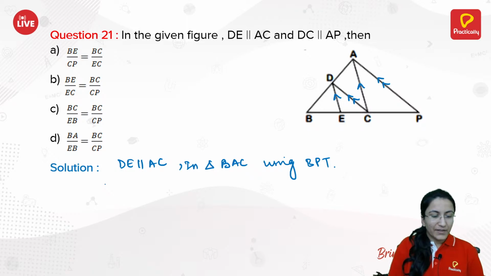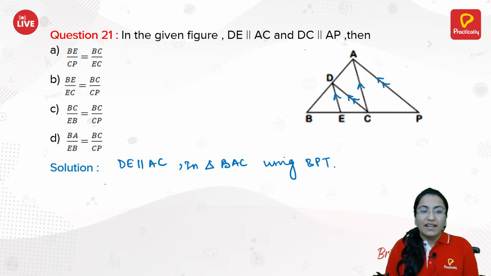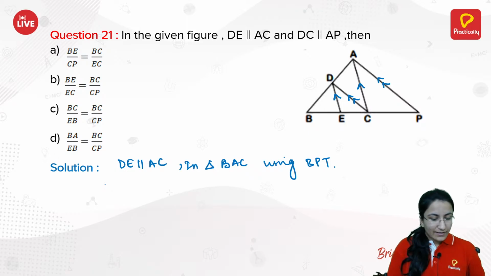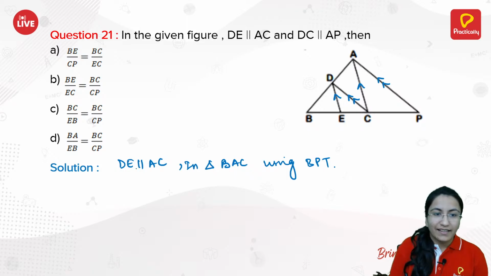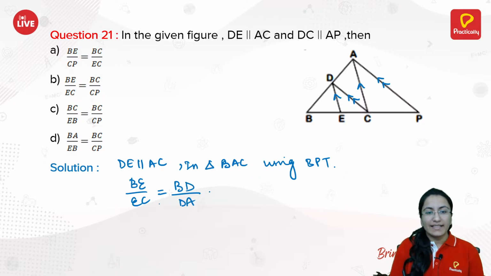Anyone who can tell me in the chat box? If DE is parallel to AC, in triangle BAC, BE over EC is equal to BD over DA. So this is the first condition we got.